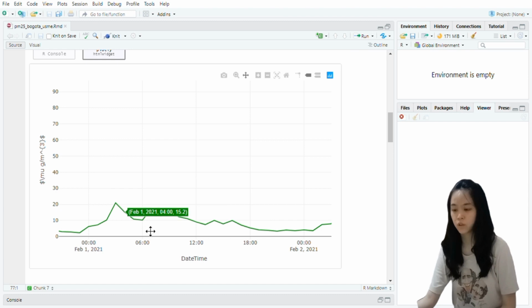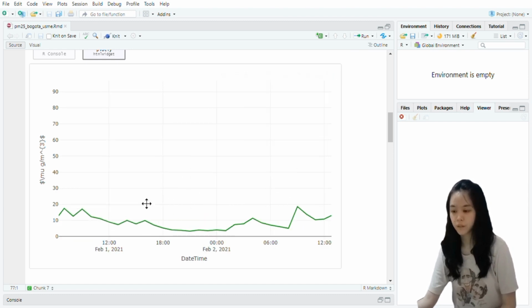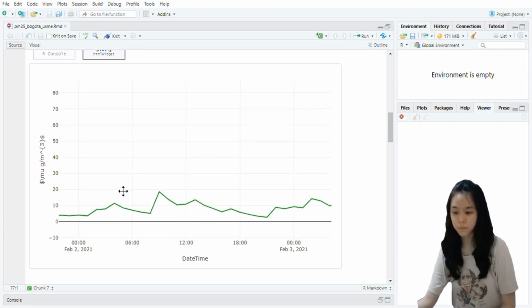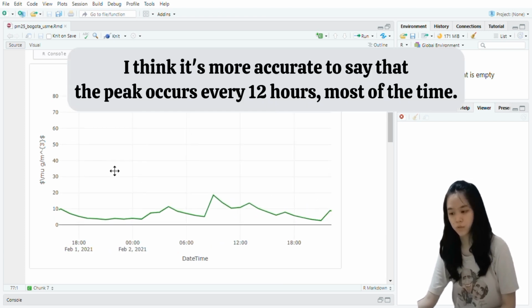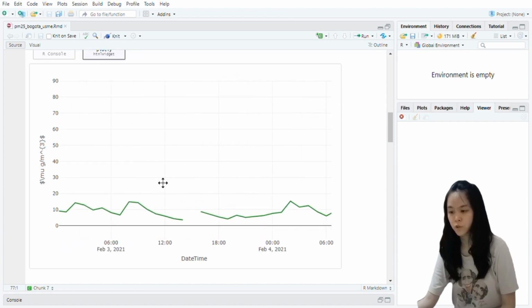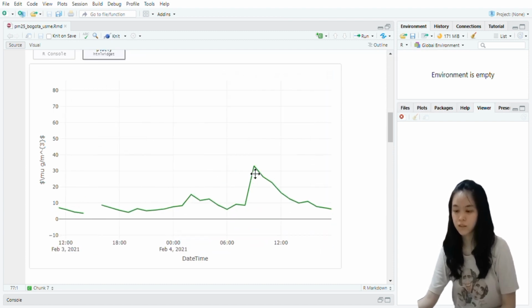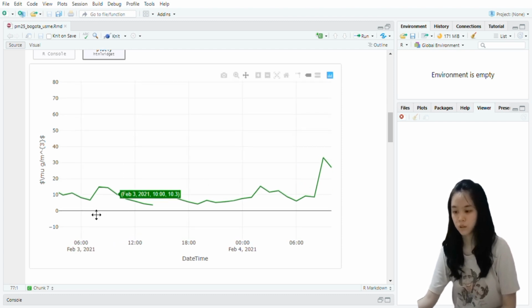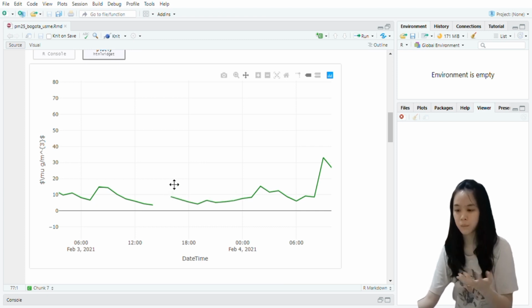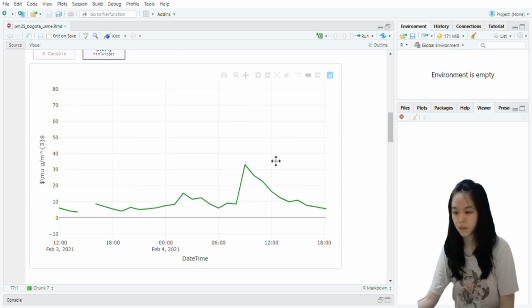And if you look carefully on the time plot, most of the time, the peak repeats itself every 12 hours. Of course, that's not always the case though. Sometimes it takes 14 hours or even more. And sometimes it's not really clear when the next peak is.